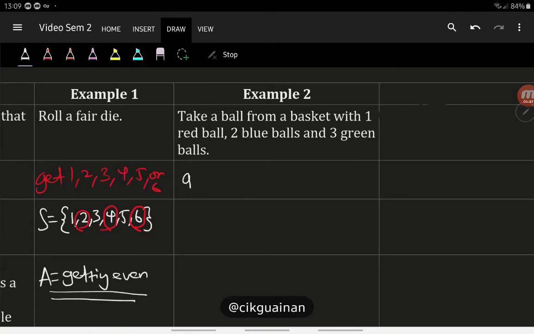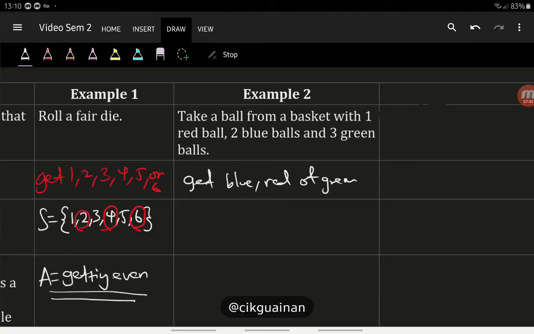The outcomes are getting a blue ball, a red ball, or a green ball. Okay, that is the possible outcomes. It's either we get blue, or we get red, or we get green.